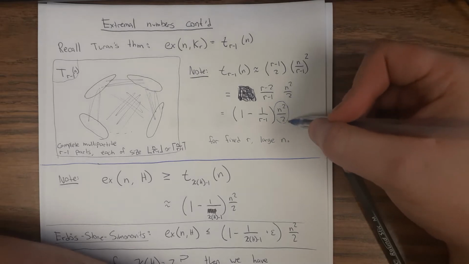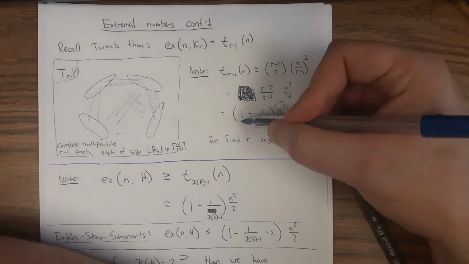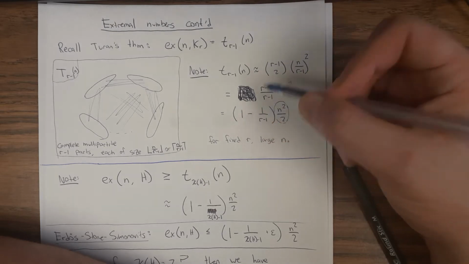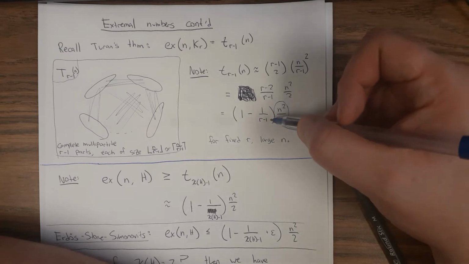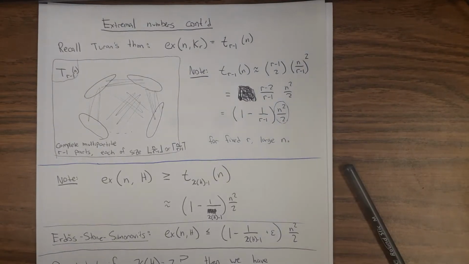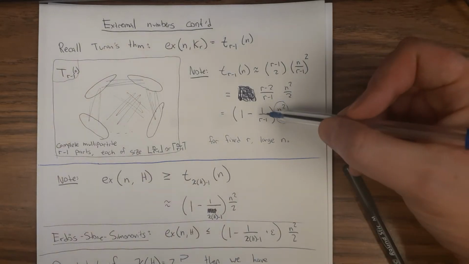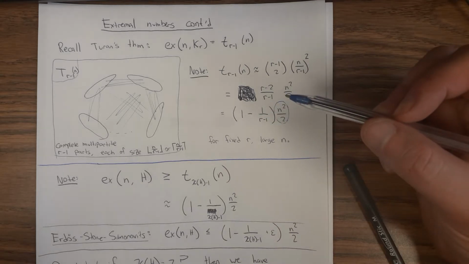So this is the total number of edges that any graph could have, and so this number in parentheses is telling you what fraction of the total possible edges we have, and it's this fraction. And as we continue to talk about extremal numbers, that's going to be a focus of ours: what fraction of the edges do we have?